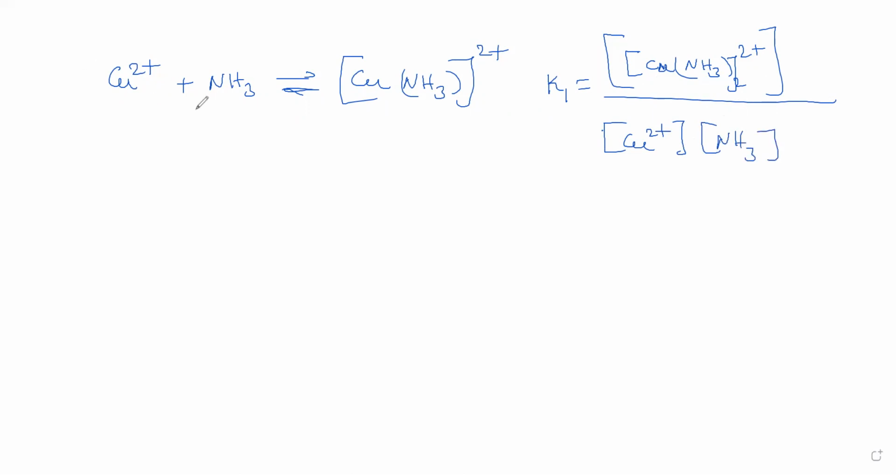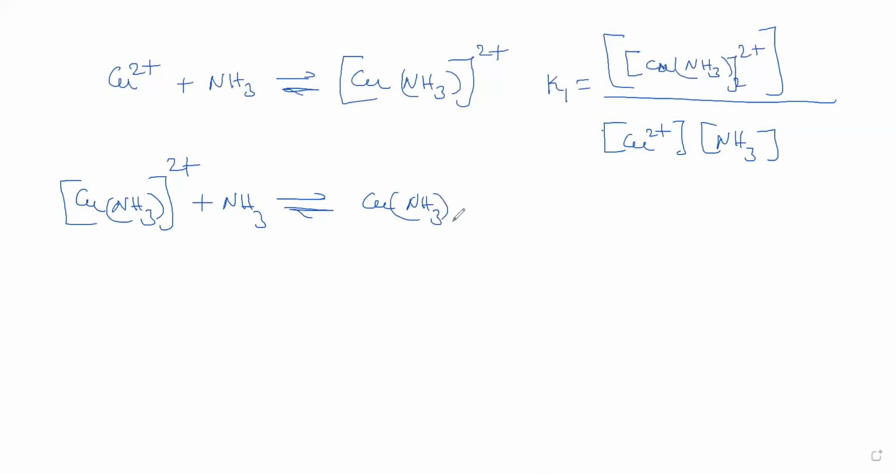And now again your Cu(NH3)2+ ion is treated with an ammonia molecule to get Cu(NH3)2 2+ ion once again. So let's write it as K2.